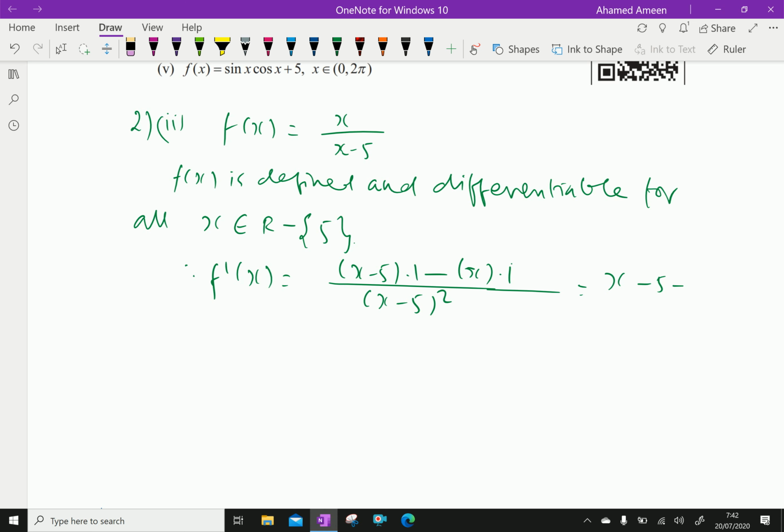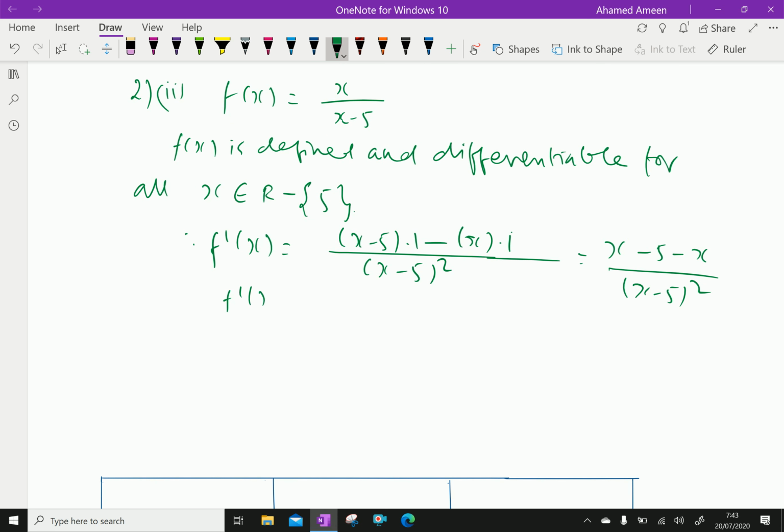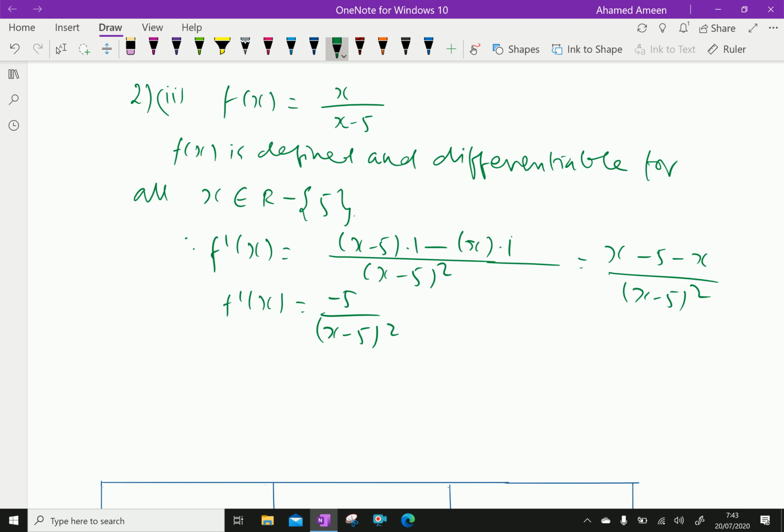So x minus 5 minus x over x minus 5 the square. So we have f dash of x equal minus 5 over x minus 5 the square.